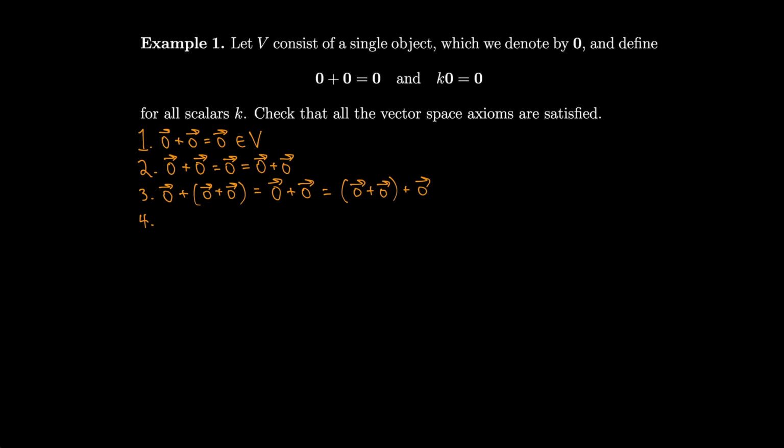Okay, how about the 0 vector? Well, in this case, the 0 vector is kind of obvious, isn't it? The 0 vector is 0, since 0 plus 0 is going to equal 0, because any vector in here is just 0, there is only one vector.